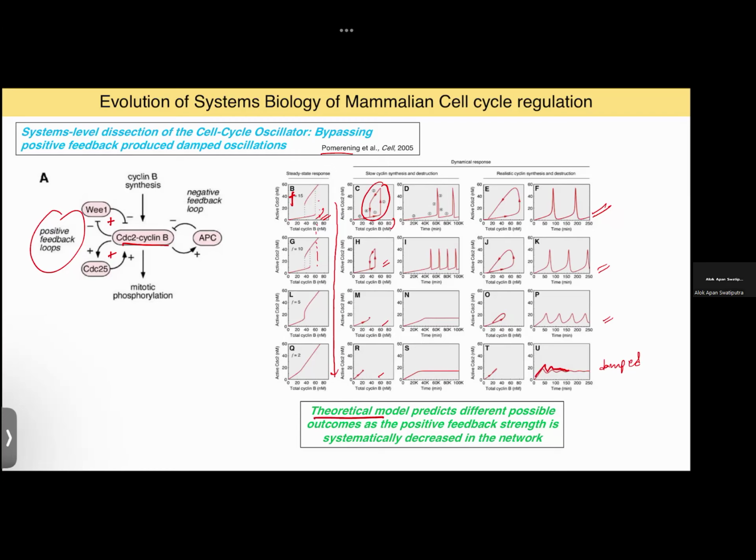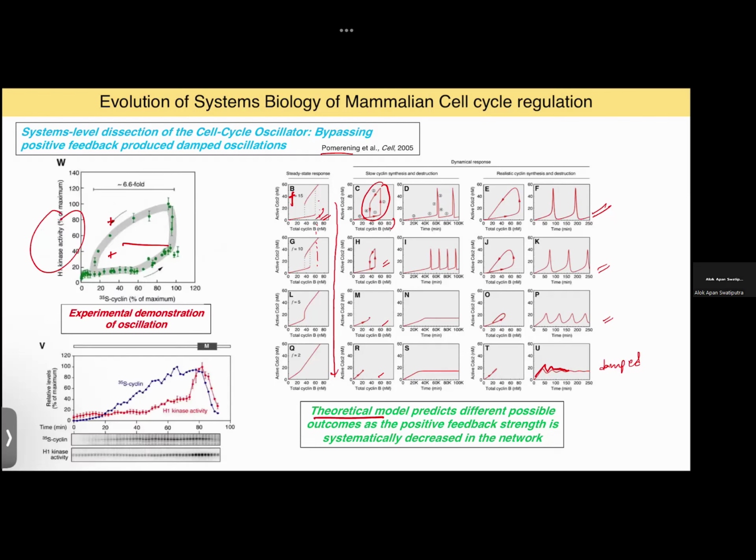And what does the experiment show? When they did the experiment and measured the cyclin concentration and the kinase activity concentration, you see exactly like the model in the phase portrait. These points which you see here, at every time interval, they measured the value of this cyclin and CDK1 and plotted it.